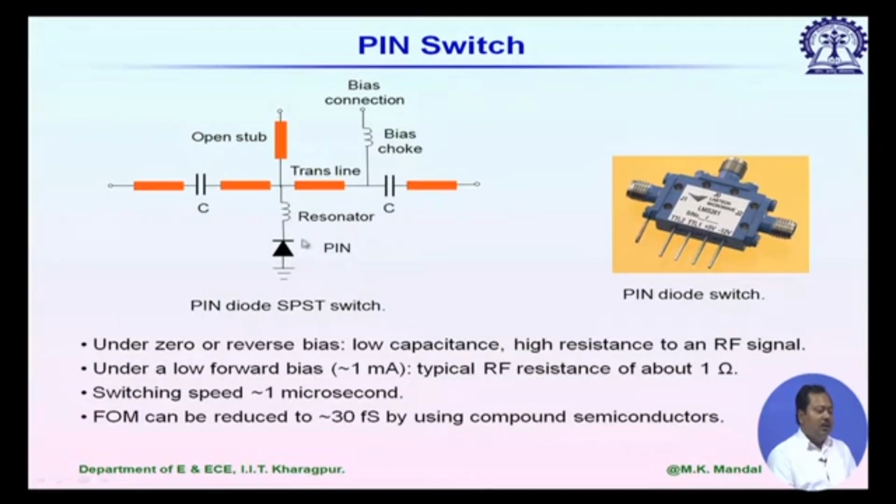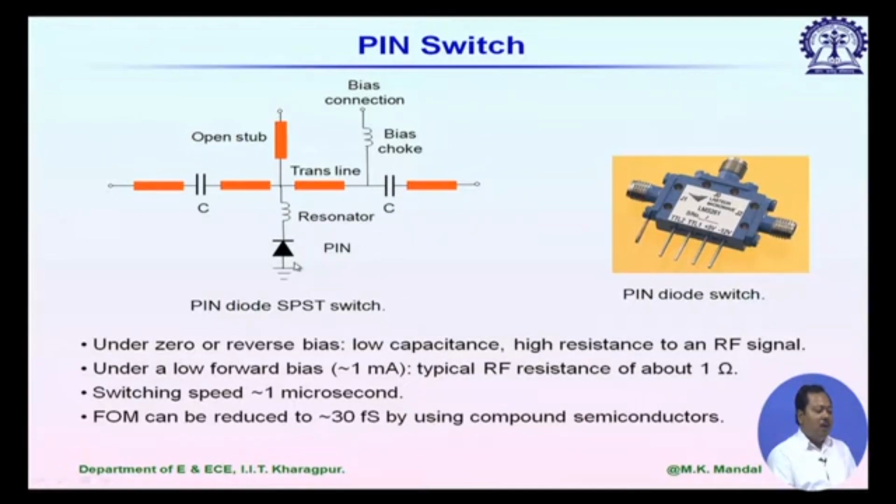When this pin diode is switched on, that means when it is in forward biased condition, we can replace it by a small value of resistance, typically a few ohm. So, the microstrip line will be grounded, and there won't be any signal passing from left hand side to right hand side.